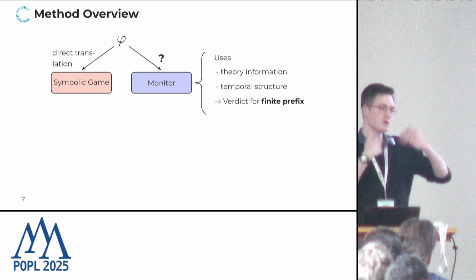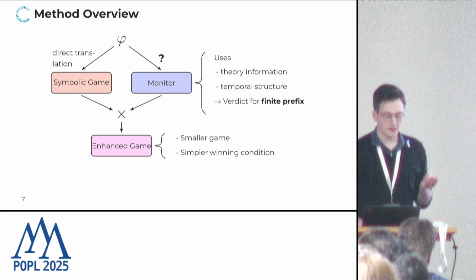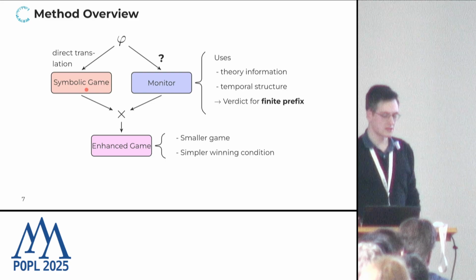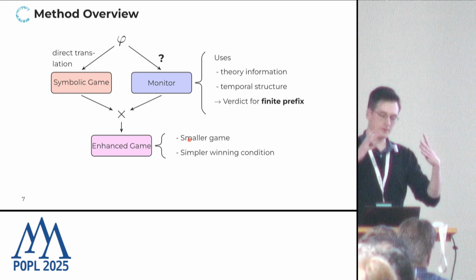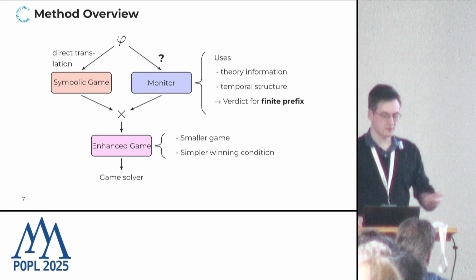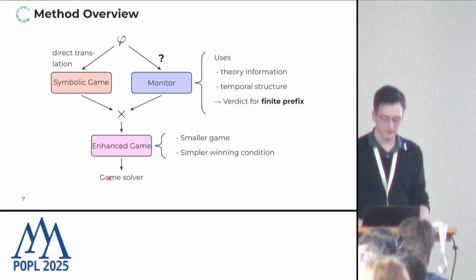With that, for some finite prefix, it can give us a verdict. We construct a product from the monitor and the symbolic game to get an enhanced game. This verdict will help us to get a smaller game and to simplify the winning condition, so that if we then solve the game, it will hopefully be simpler to solve.